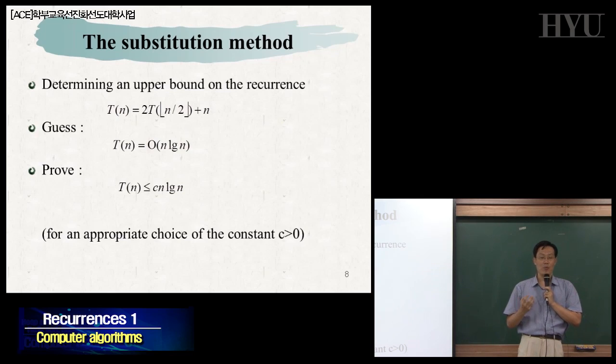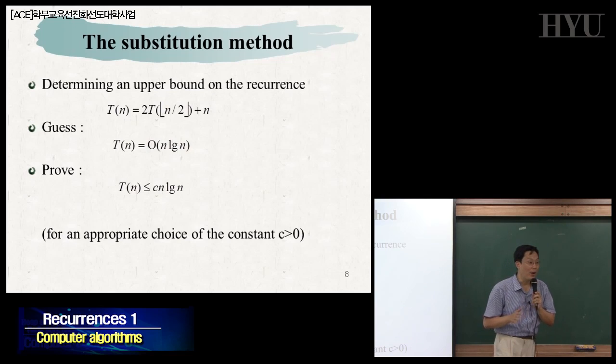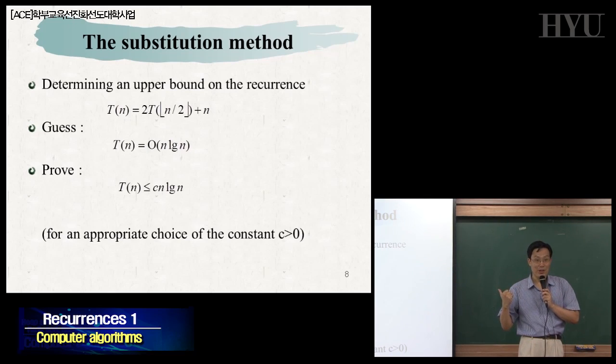In the first step, we guess the solution. In this case, this recurrence looks very similar to the recurrence of merge sort. The only exception is the floor. Okay?